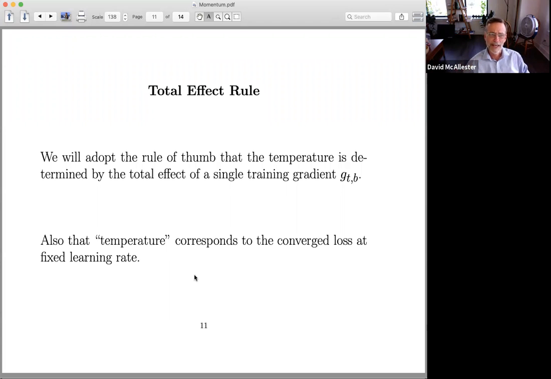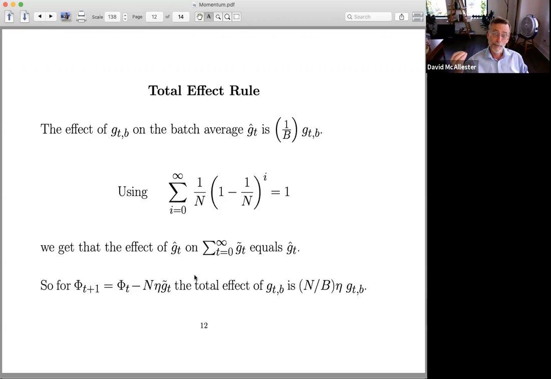So what I'm going to analyze is, for the momentum algorithm, how much does one training point ultimately affect the parameter setting? The idea is that that is what's determining the temperature, the amount of noise that we're getting from the stochastic nature of stochastic gradient descent.